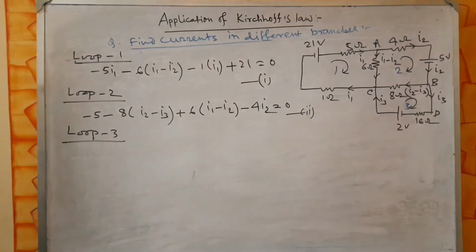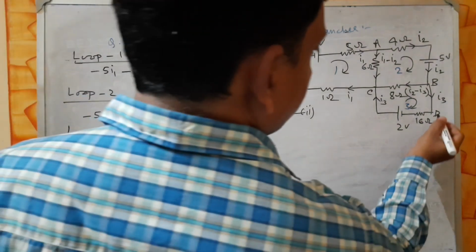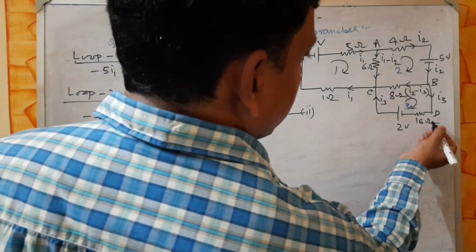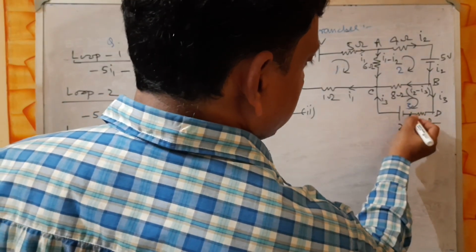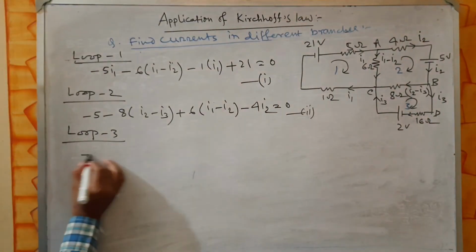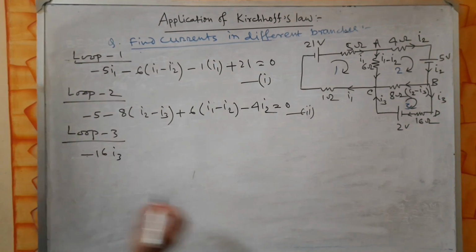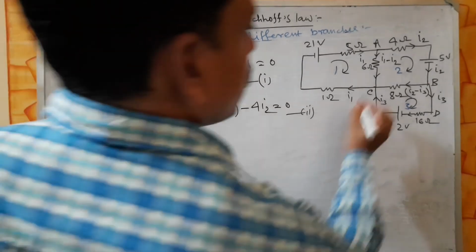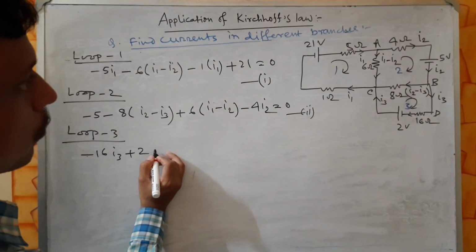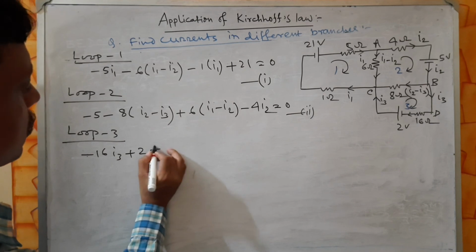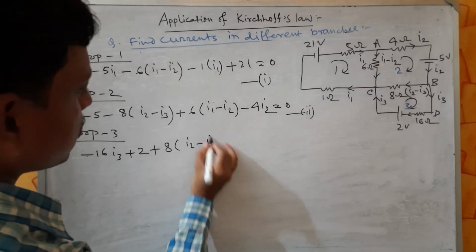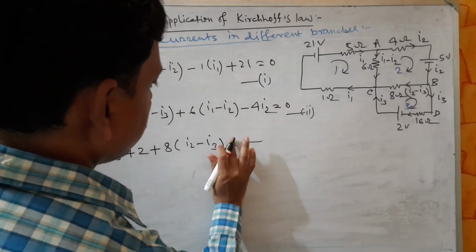And loop 3, clockwise direction. The current passing through the 16 ohm resistor is I3, so minus 16 I3. Going from minus to plus on the EMF, the EMF is positive 2, and the direction is opposite, so the sign is positive 8 into I2 minus I3 is equal to 0.